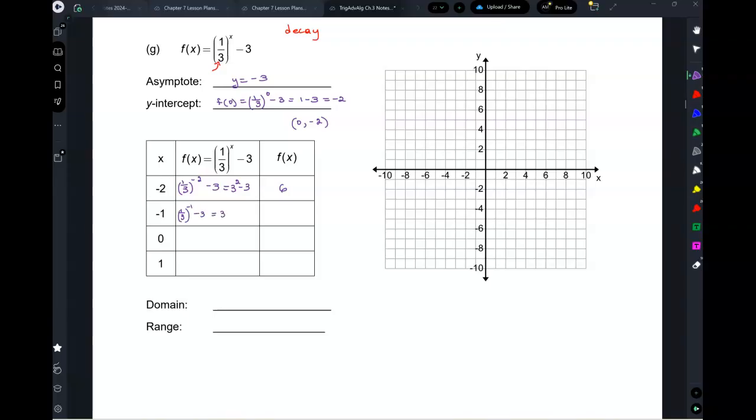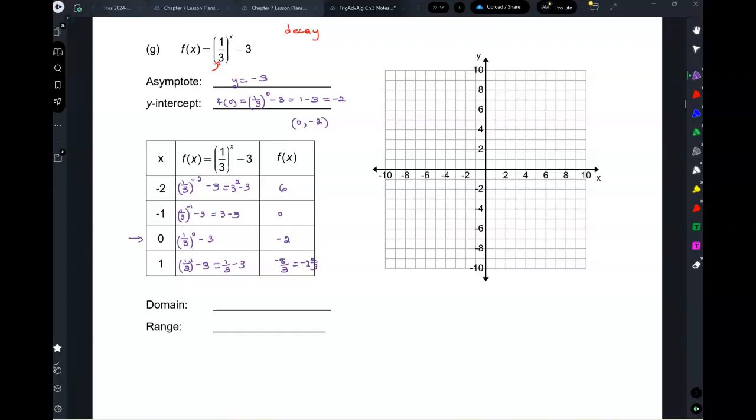That's 3 to the 1 minus 3, 0. 1 over 3 to the 0 minus 3. I just did that. That was my y-intercept, and I got -2. 1 over 3 to the 1 minus 3. That's 1 over 3 minus 3. And you can even do that with your calculator. That's -8 over 3, right? Which is -2 and 2/3.